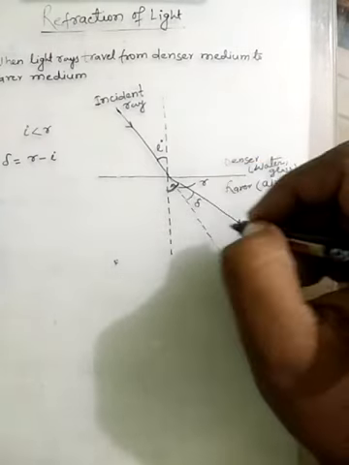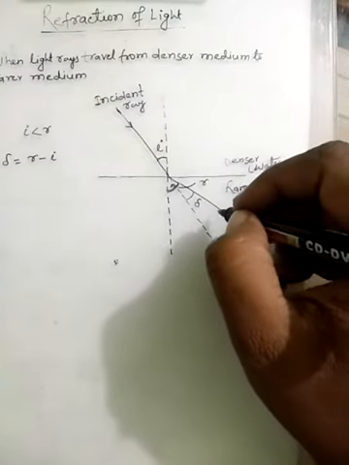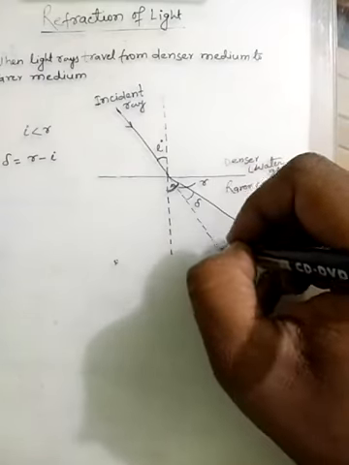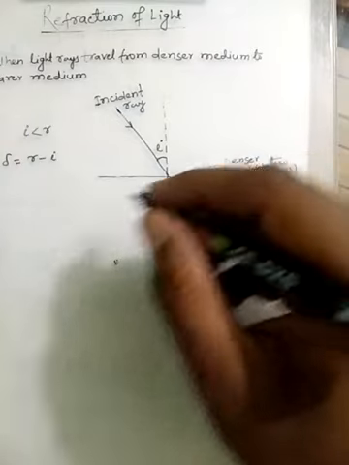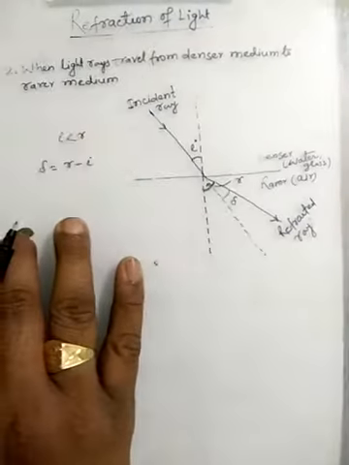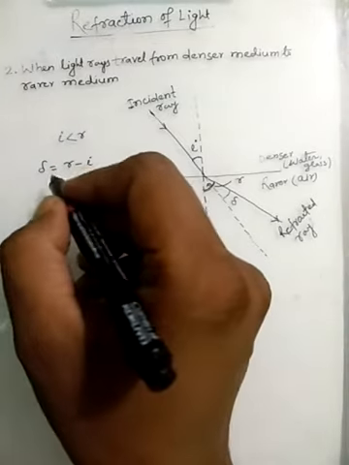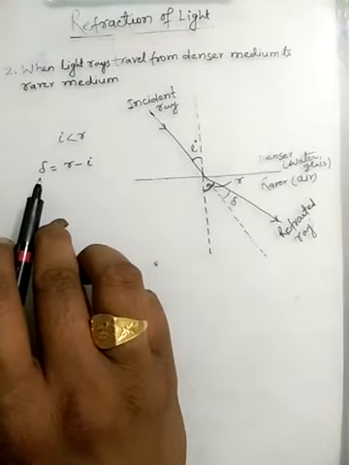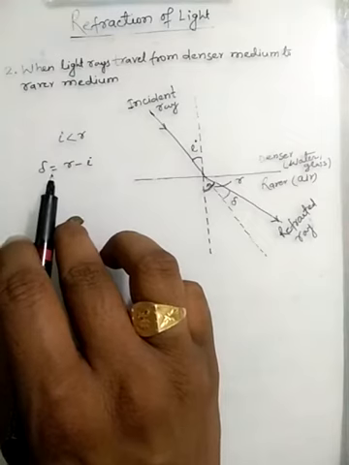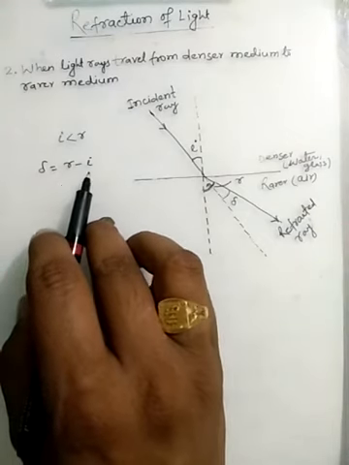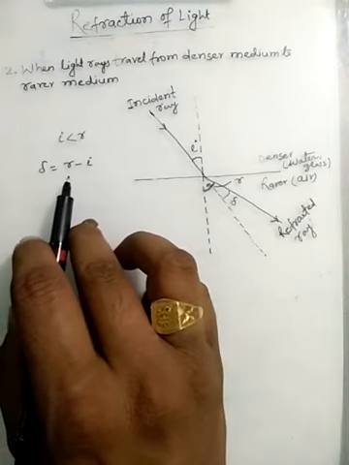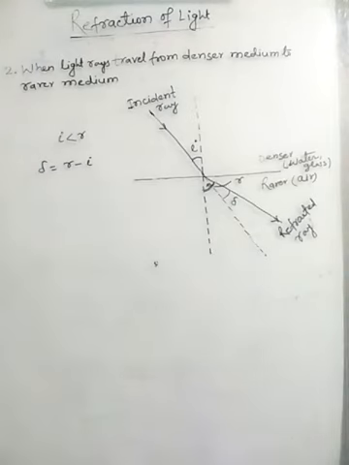Deviation is basically the angle of the refracted ray from the actual path of the light. The deviation is represented by delta. Deviation will be equal to the refracted angle minus the incidence angle, that is R minus I.